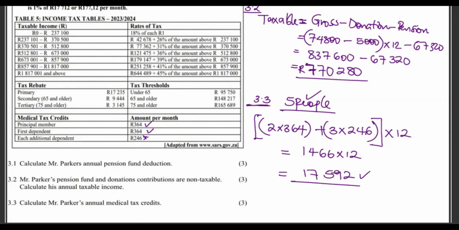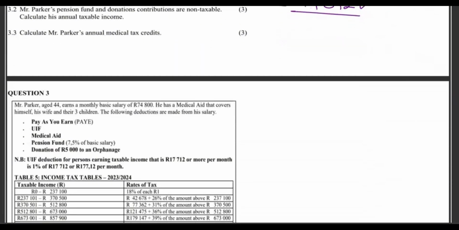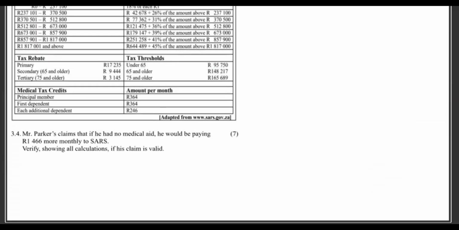Let's go to the next question. It wants us to calculate Mr. Parker's claim. Mr. Parker claims that if he had no medical aid, he would be paying 1,466 more monthly to SARS.